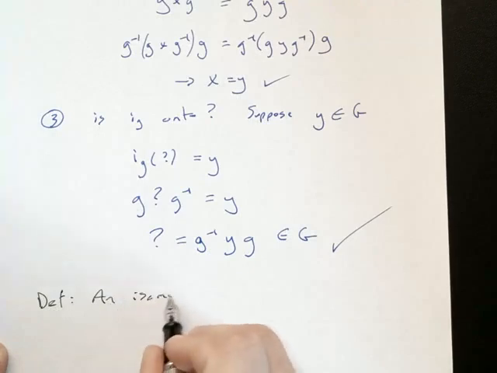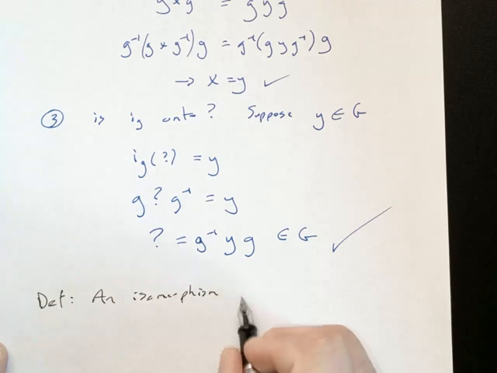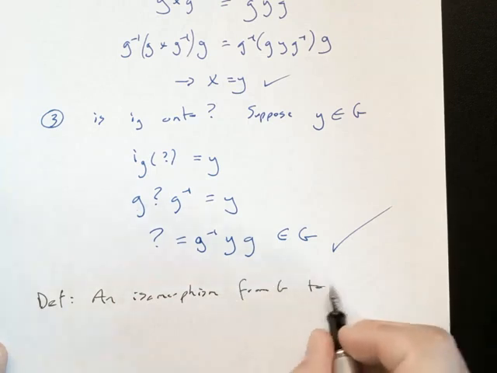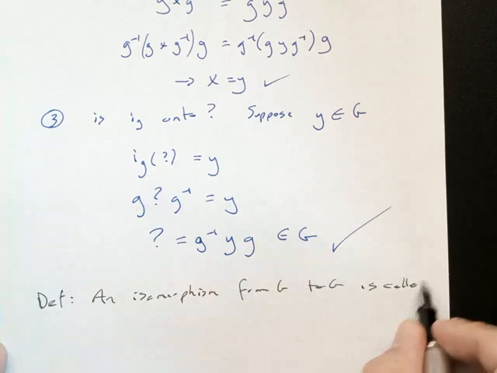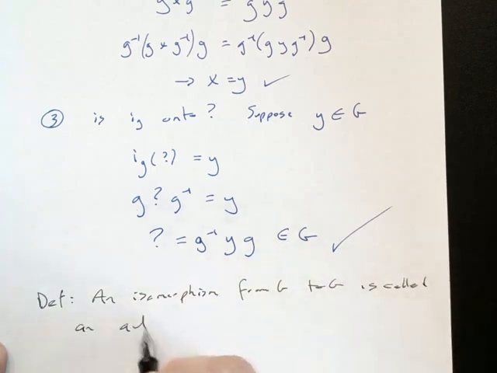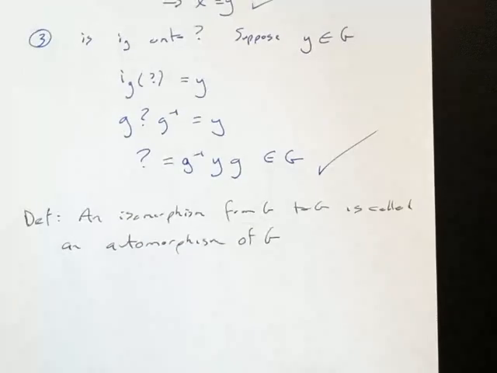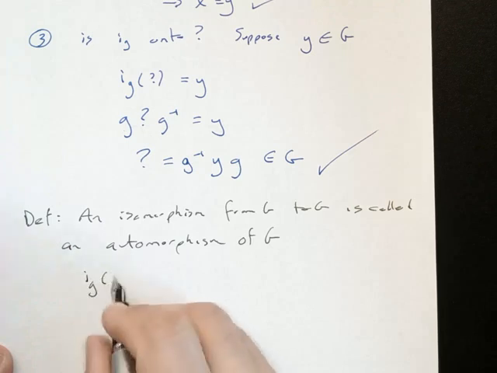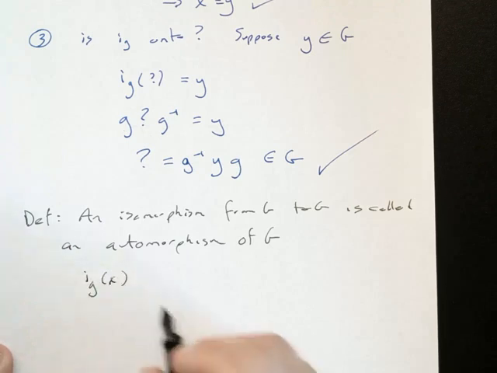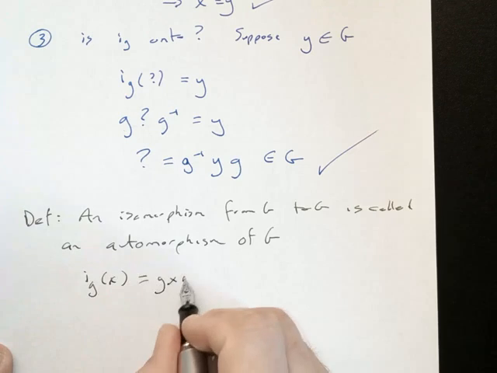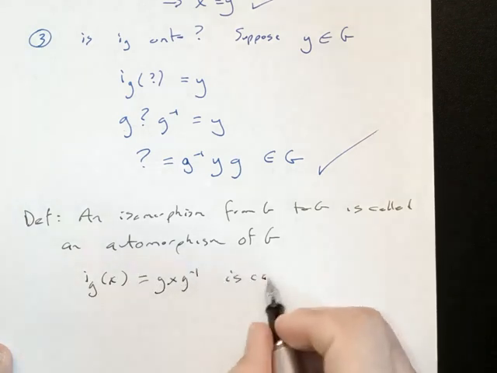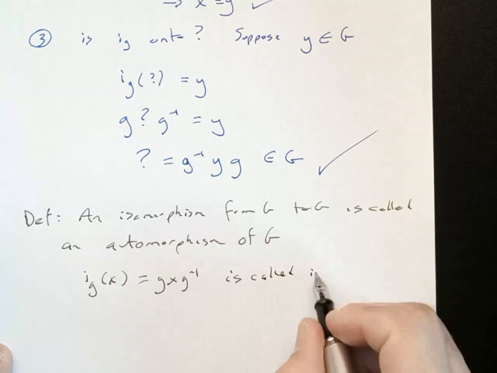An isomorphism from G to G is called an automorphism of G. The automorphism we were just talking about, IG of X, is an inner automorphism.